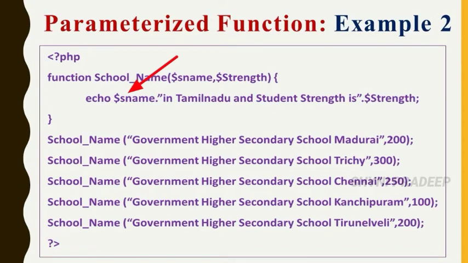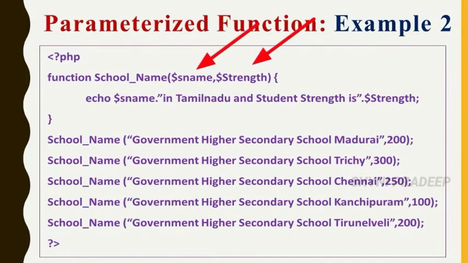First you have to write the argument to the name parameter, and next write in Tamil Nadu and student strength is, and next write the strength value. See the calling function. In the calling function, school name Government Higher Secondary School Madurai and next strength value is given. What is that? 200.